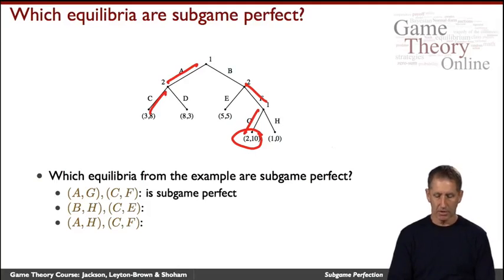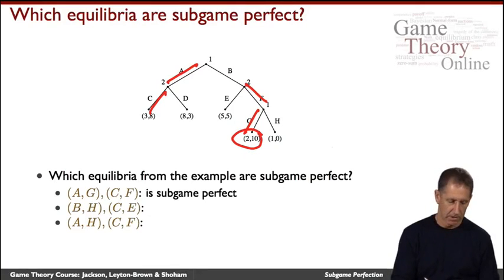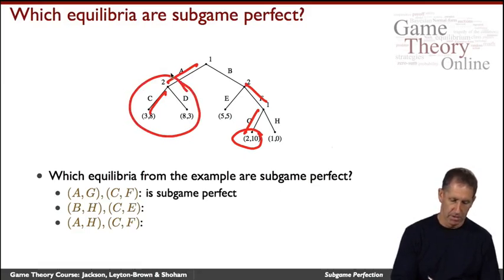But you can also ask, in all the subgames, is there a profitable deviation? Well, let's look at some of the subgames. For example, here there is this deviation over here, but that would not be profitable for player 2 because they would go down from 8 to 3.